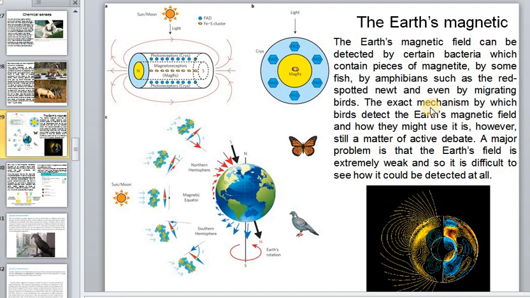The exact mechanism by which birds detect the Earth's magnetic field and how they might use it is however still a matter of active debate. My problem is that the Earth's field is extremely weak, and so it's difficult to see how it could be detected at all.